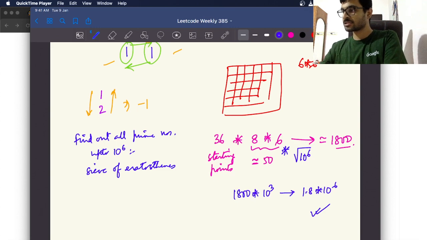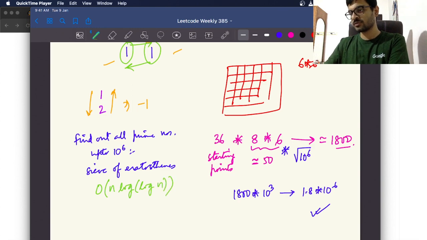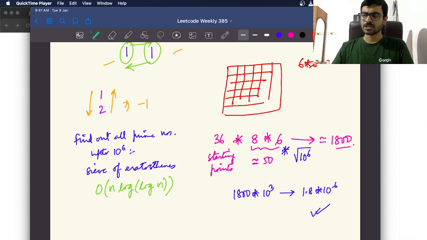So Sieve of Eratosthenes will basically take something like big O n log n. So it will be something like 10 to the power 6 into log 10 to the power 6, which will be somewhat 10 to the power 7 or slightly greater than that, but should be less than 10 to the power 8.